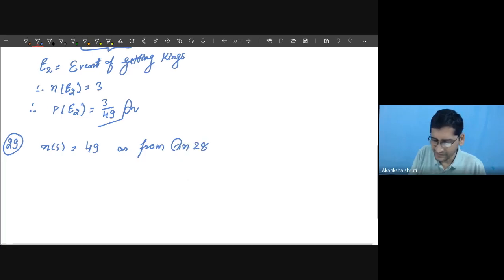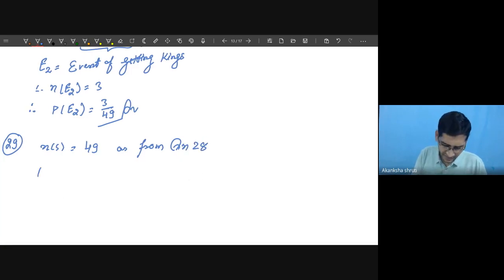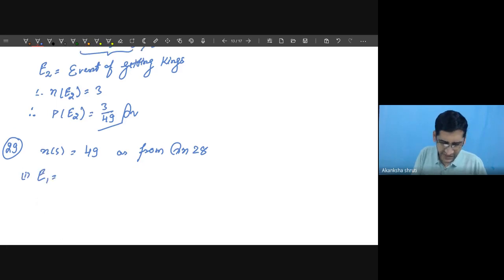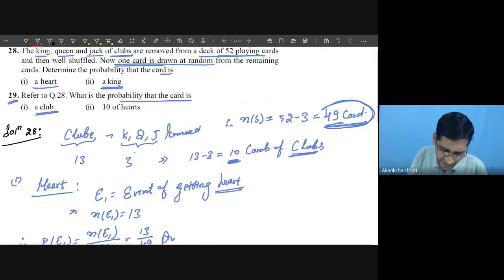It is given. So in this event, now it is asked for the card of club. Card is club means one card is drawn at random. That card should be club. It is for this one.